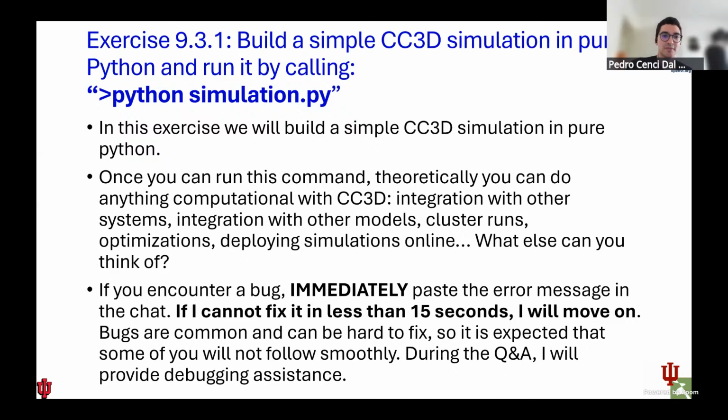So the goal here is to build something with CompuCell3D code that you can run in a single command, like python and then the name of the simulation .py, and then you press enter and it's running. If you achieve this, you can do anything with CompuCell3D. You can do optimization, you can do parameter scans, the most complex imaginable parameter scans you can think of.